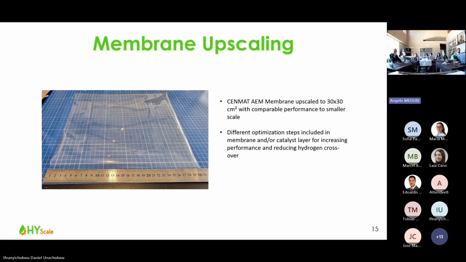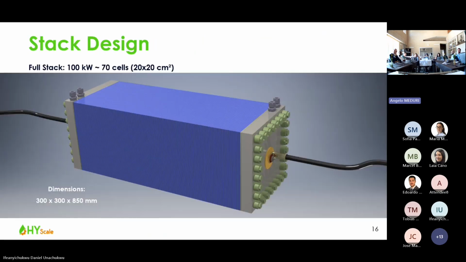This membrane had different optimization steps, for the membrane but also for the catalyst layer, to increase performance and reduce hydrogen crossover. I have to mention that the PTL comes from Bekaert, and this has been upscaled to really industrial scale. The membrane from Zenmark is upscaled, and also the catalyst, and now to our stack.